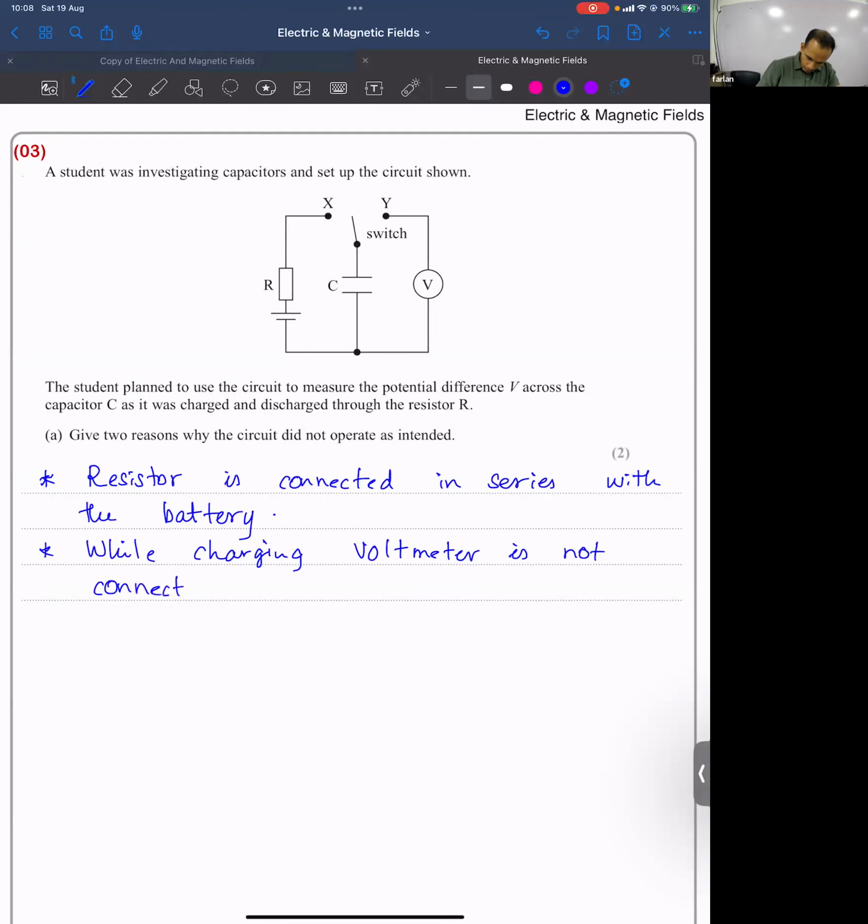But then is that a mistake or I don't know. How is that a mistake?